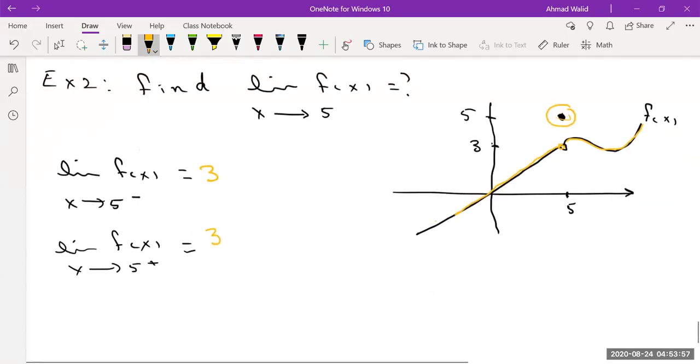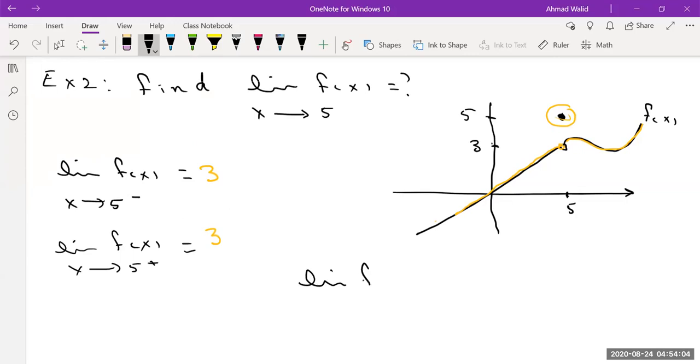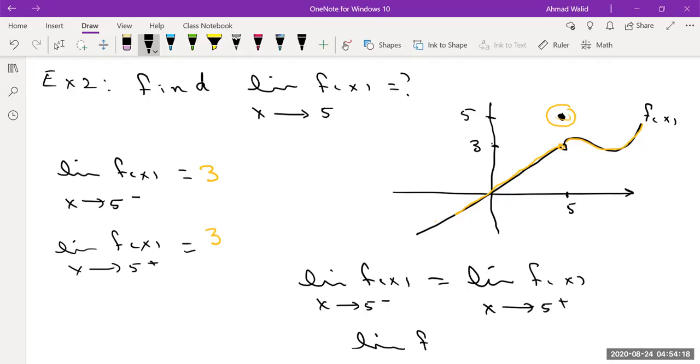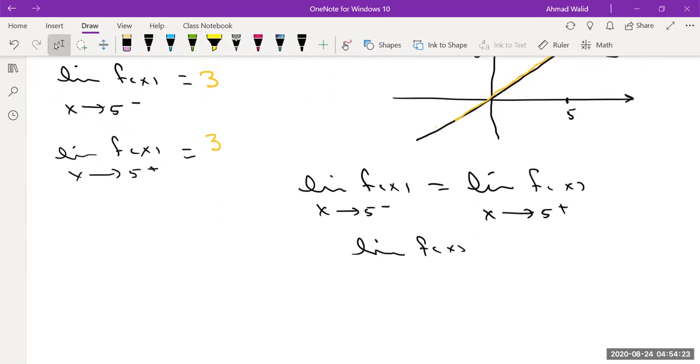Now, what will be the answer for the question? Then you can say, because the limit of f of x as x approaches 5 from the left equals the limit of f of x as x approaches 5 from the right, the limit of f of x as x approaches 5 equals 3.